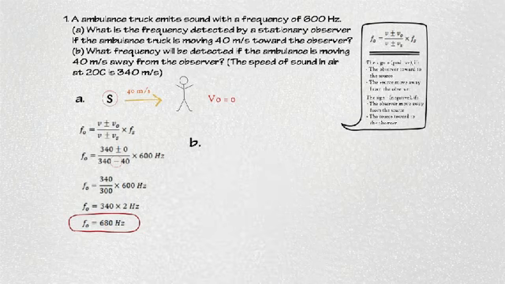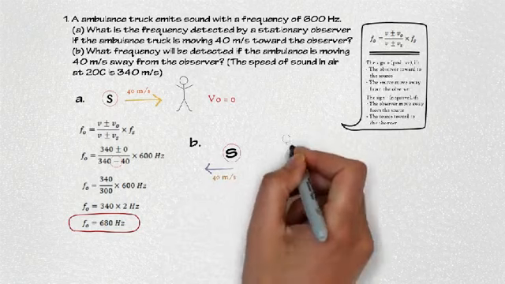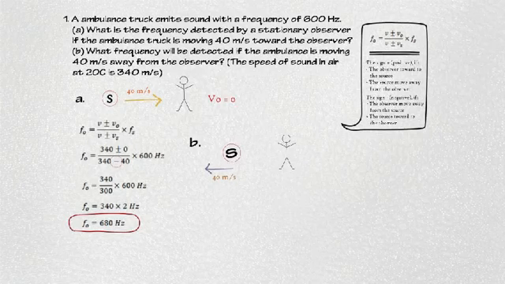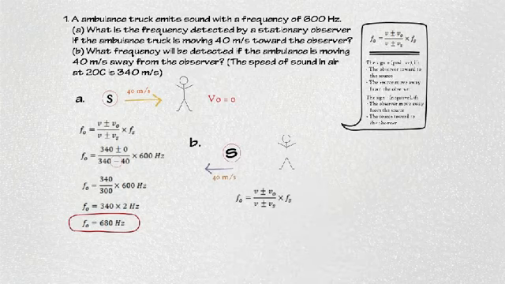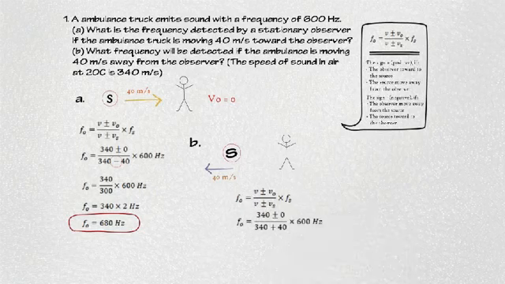For point B, the source is moving away from the observer. The velocity is 40 meters per second. To count the frequency of the observer, we can use the same formula.